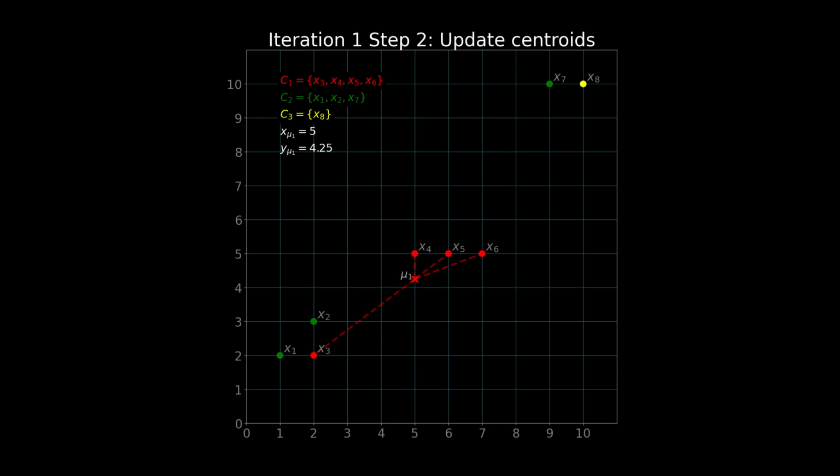So mu1 will be now placed at these coordinates. We use the same method to find the location of the second centroid, mu2, and of the third centroid, mu3, which, having a single point, is the same as x8. This is the end of the first iteration.